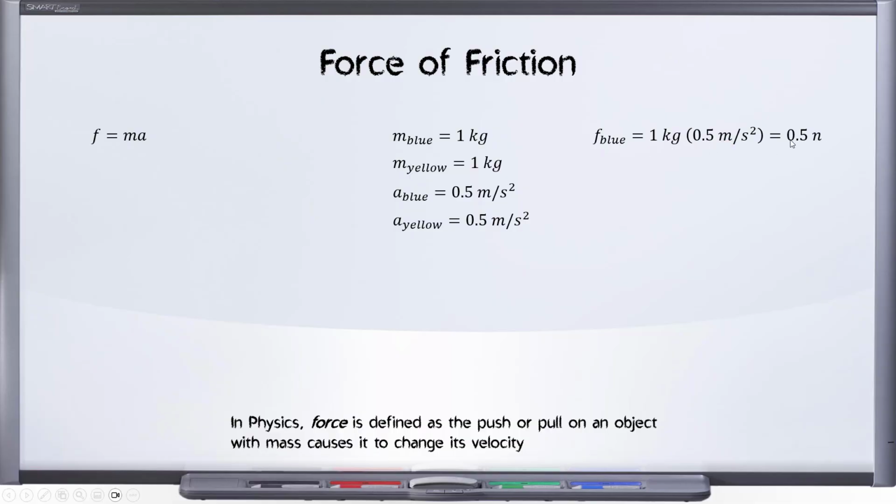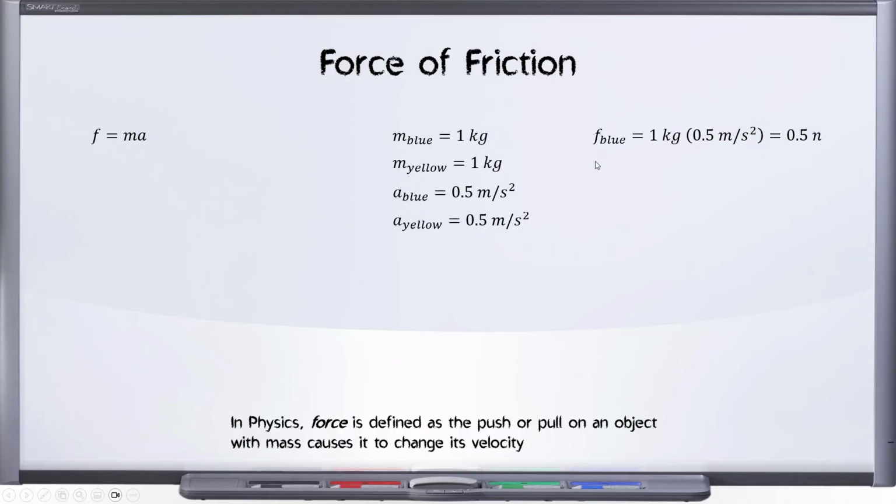That is 0.5 newtons. And if you're doing dimensional analysis with me, that is actually a kilogram meter per second squared. That's shorthand for that mouthful, the newton. A newton is a kilogram meter per second squared.